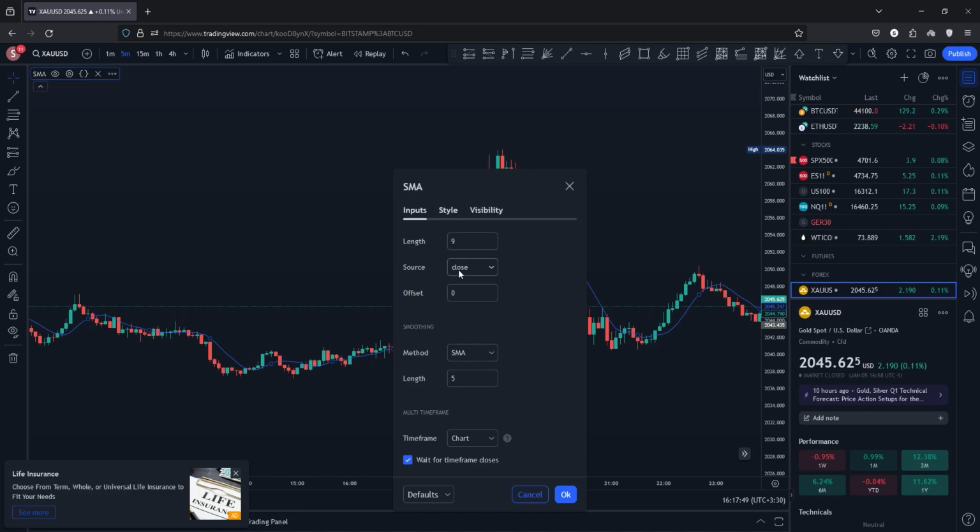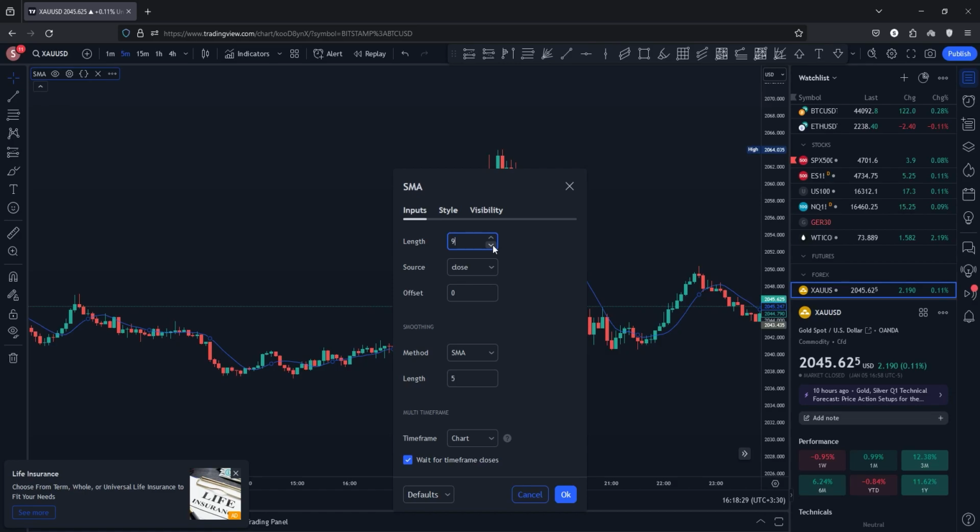It calculates the 9 candles of the chart. You can add more candles to calculate, and you can use the open price or high, low, close, HLC, HLC4, OHLC4. All of these can calculate any other moving average type that can be helpful for you.